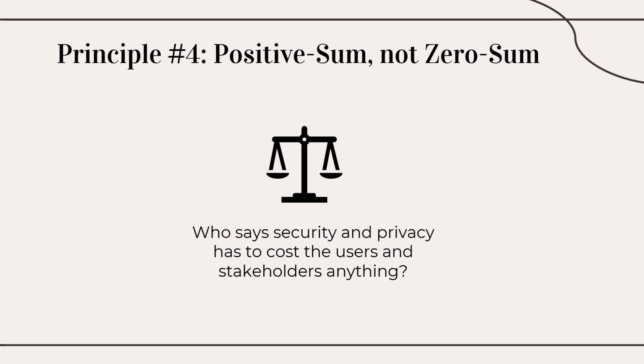Here, positive sum, not zero sum, means that whenever security and privacy would cost the user or stakeholders anything, such as user experience and so on, the solution must come out as a win-win situation. So both security and the user or the stakeholder or whoever wins. This could be in the form of passwordless systems that use device-specific tokens or something like that.